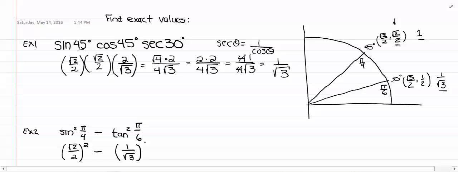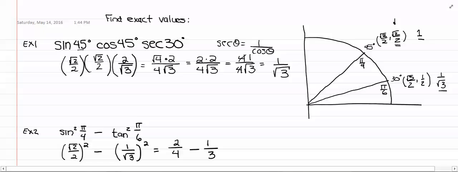And then again, square it. So when you square a square root, they cancel each other out, and I'm just left with the 2 underneath. 2 squared, though, is 4. 1 squared is 1. Square root of 3 squared.